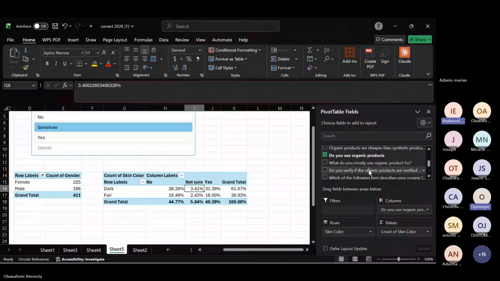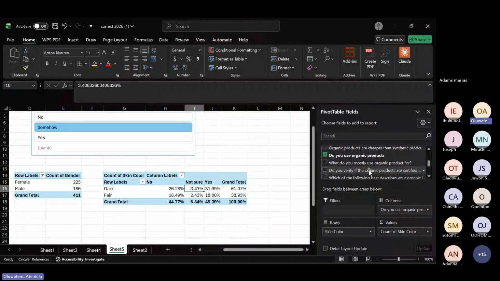So I've done that. Now, since skin tone is the independent variable here, you are going to drag skin tone again into values. All right, I'm beginning to see numbers now. Good.